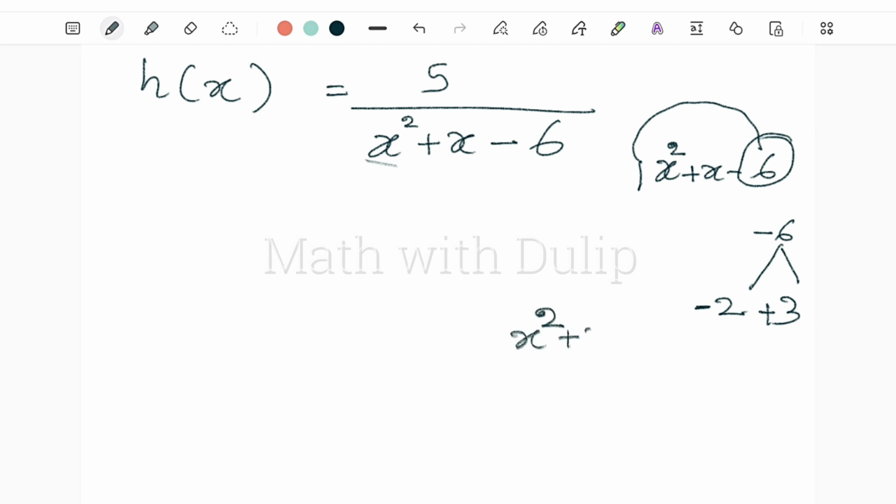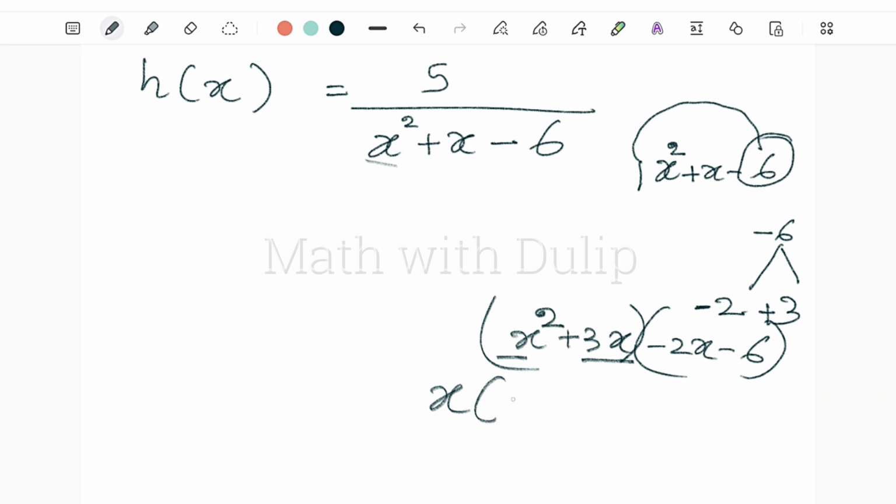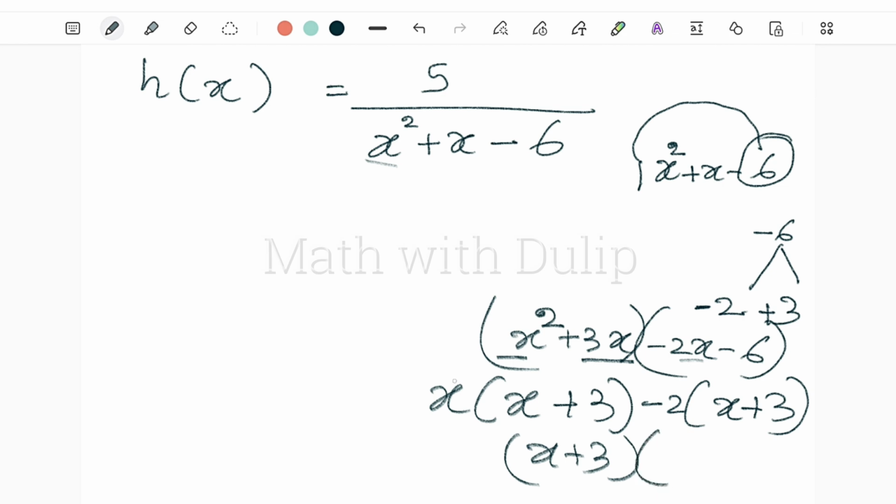So x squared plus 3x minus 2x minus 6. Put the brackets on: the common factor is x plus 3 in the first two terms, and the common factor is negative 2 in the next two terms, giving x plus 3. So you can combine these to get x plus 3 times x minus 2.